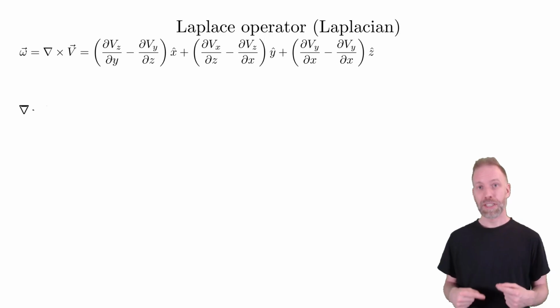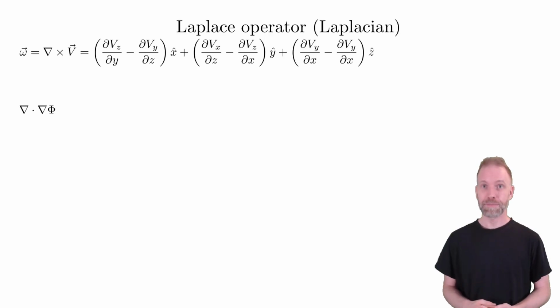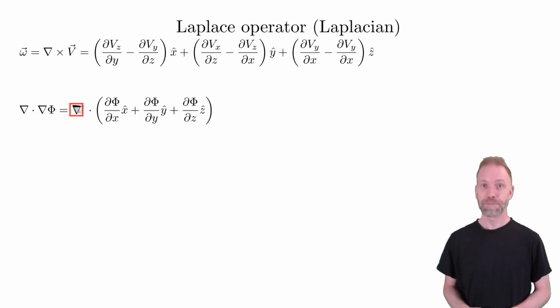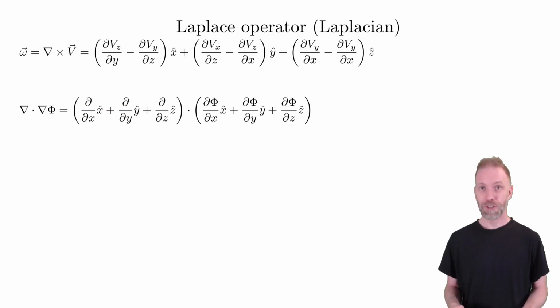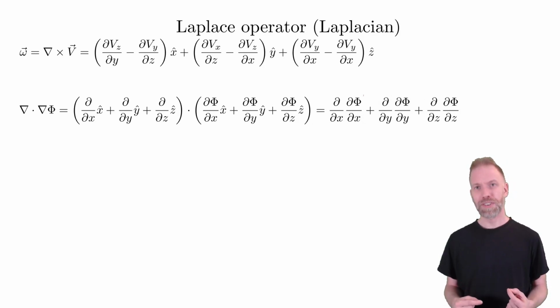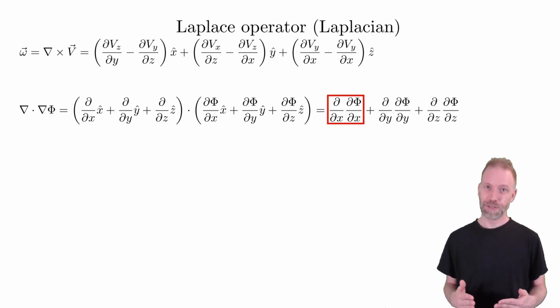Next up, we're going to talk about the divergence of a gradient. Start by writing the expression for the gradient of phi, then the expression for the gradient operator, and perform the dot product. It is common to write the second order derivative as d2 phi dx squared.